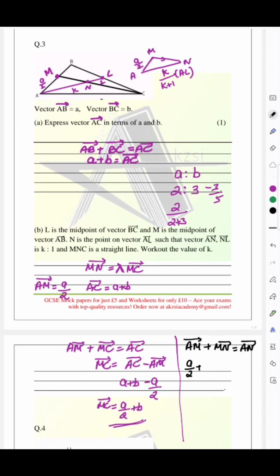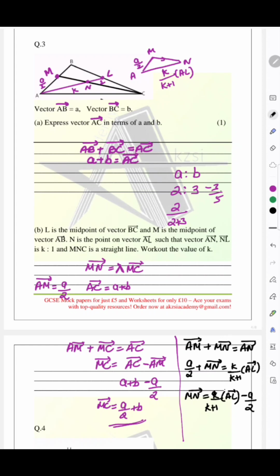MN we have to calculate, and AN is k by k plus 1 of AL. So MN will be k over k plus 1 times AL minus a by 2.